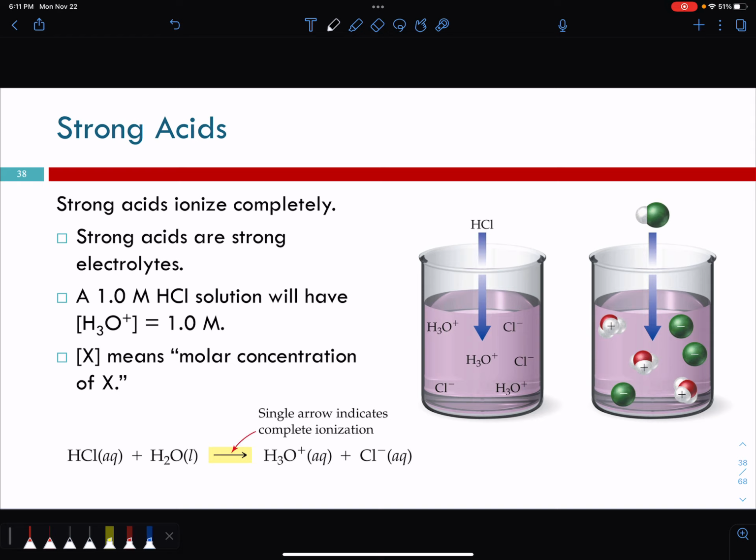So strong acids completely ionize. This is where we talked about electrolytes. You add them to the solution, and they immediately split. So these are hydronium, H3O+. They immediately split the hydrogen from the chlorine, and you get them separated in your solution. We'll talk about equilibrium in chapter 15, but this arrow means that it's complete, so there's nothing remaining as HCl in the solution.